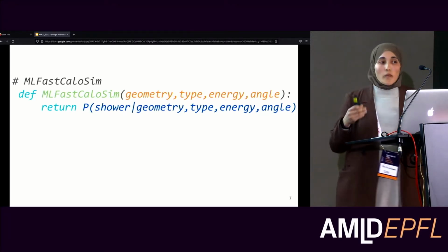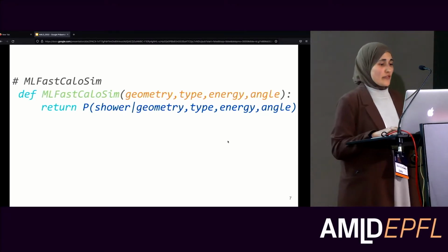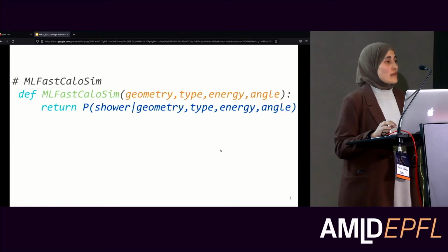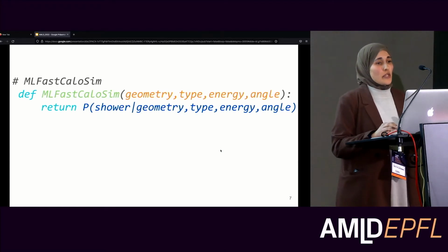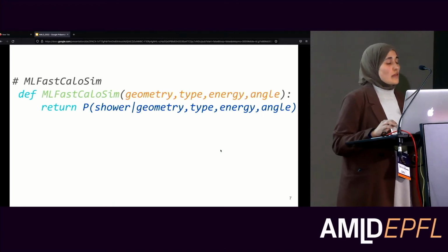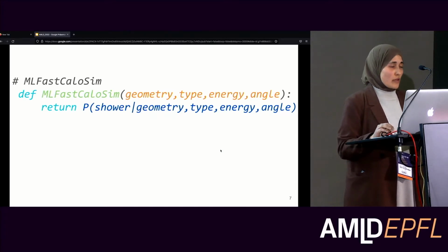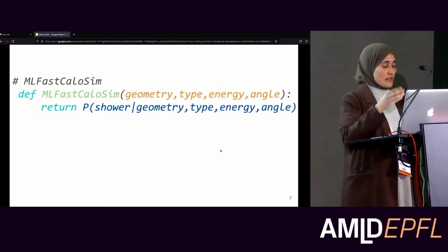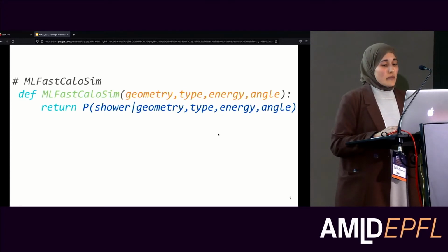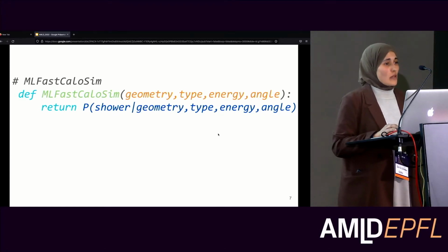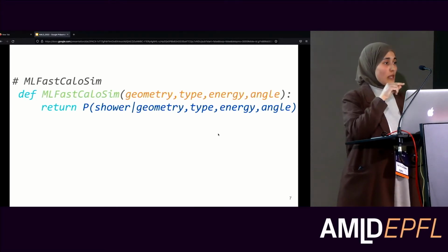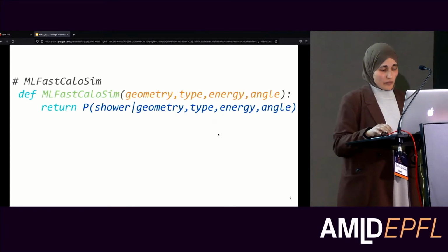And what we want to have is this beautiful function that learns to generate showers using information of the detector geometry or the calorimeter, but also information of the incoming particle or the particle that generates these showers. And what I mean by that is the type of the particle, the energy, and also the angle, which means the direction at which the particle enters the detector.